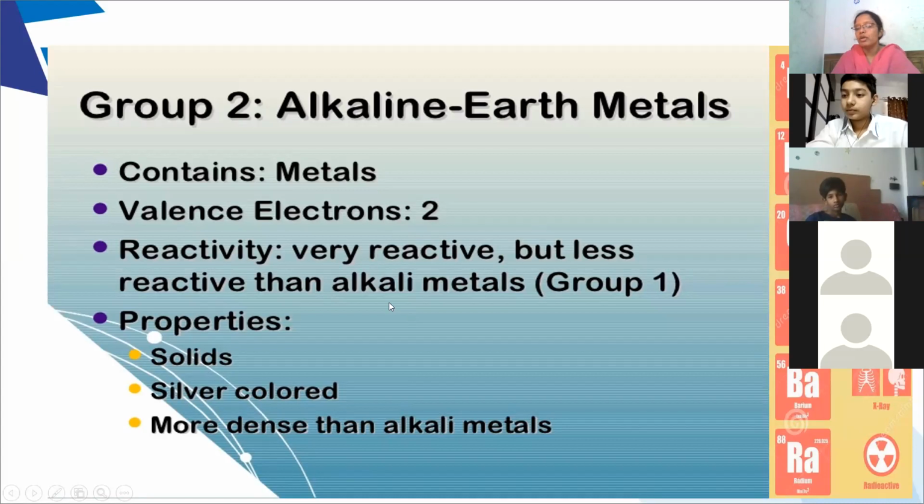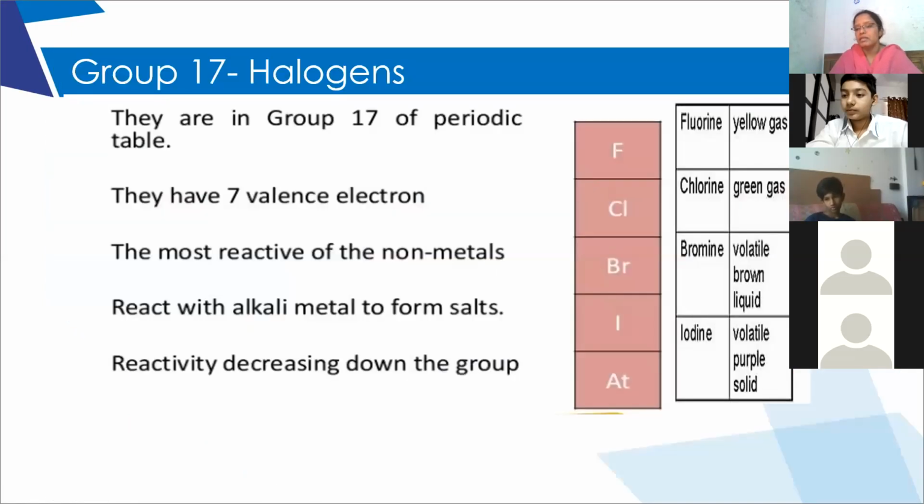They are generally silver colored solids and denser than alkali metals. So as we move from the first group to the second group, the reactivity decreases, whereas the density, the heaviness, will increase. Clear? So this is about the second group elements.